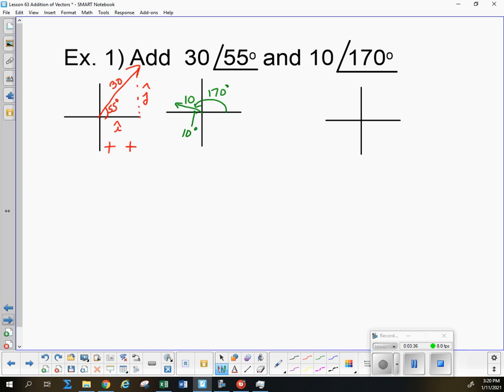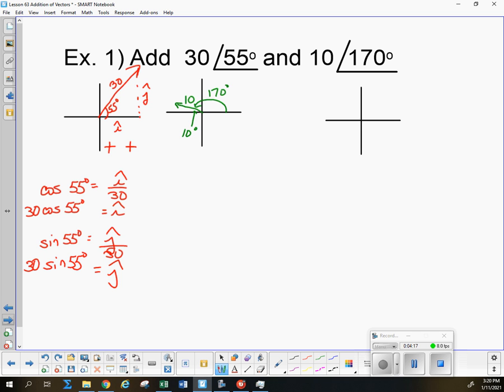To get my ihat, the cosine of 55 degrees is the adjacent over the hypotenuse, so my ihat is 30 cosine 55 degrees. For my jhat, I am going to take the sine of 55 degrees, opposite over hypotenuse, so my jhat will be 30 times the sine of 55 degrees.